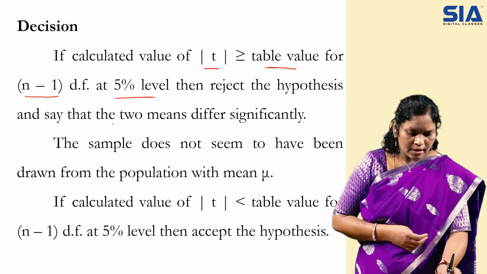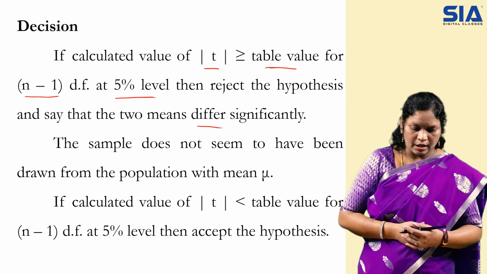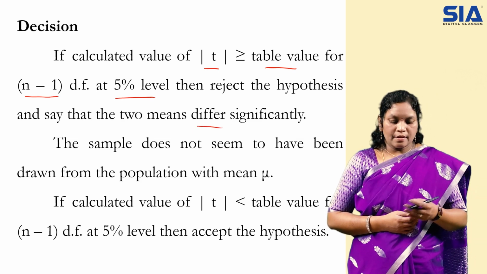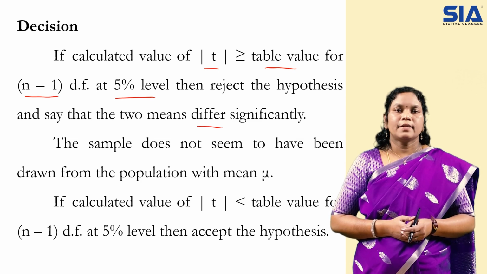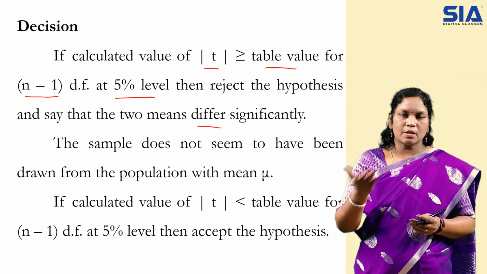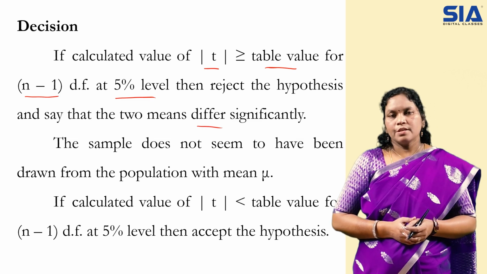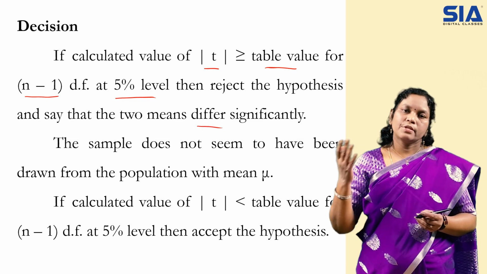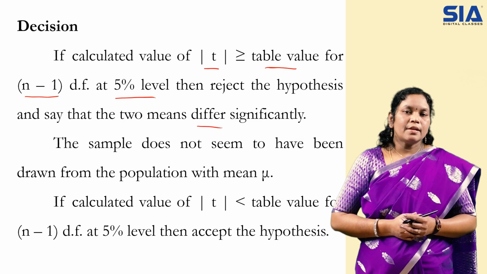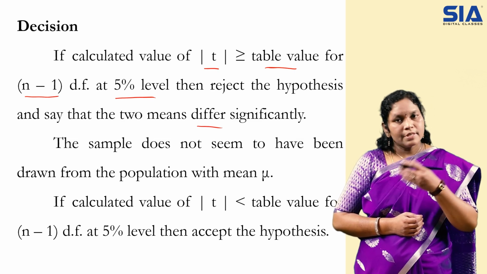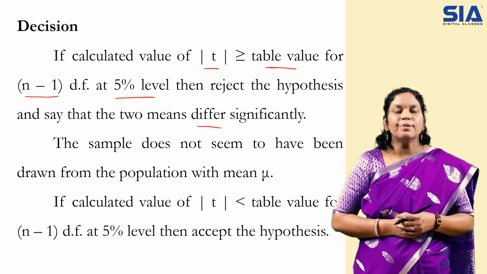So we say that the two means differ significantly, because we are rejecting the null hypothesis here. That is the decision whenever the calculated value is greater than the table value.